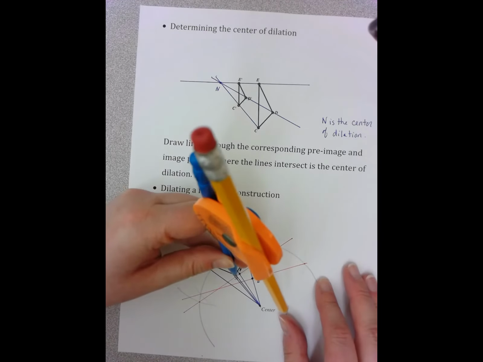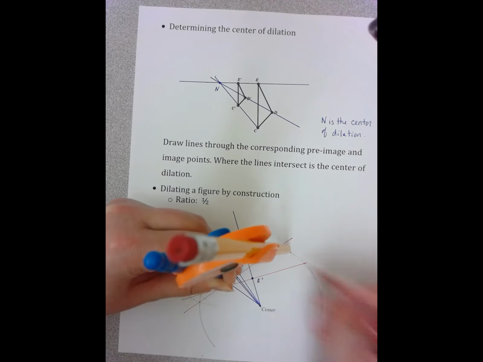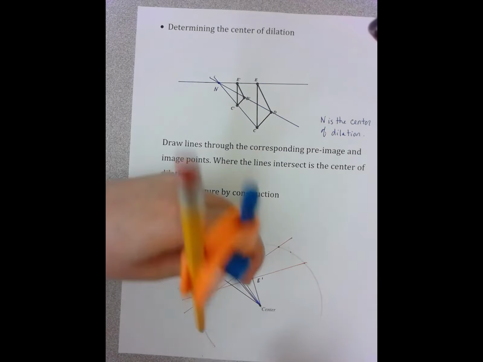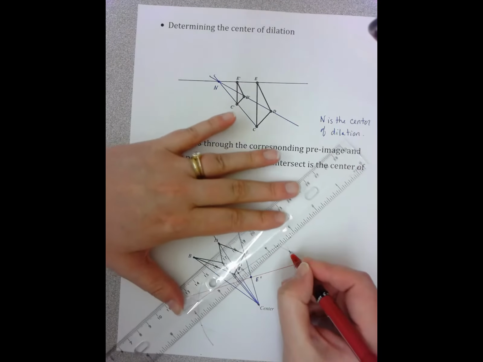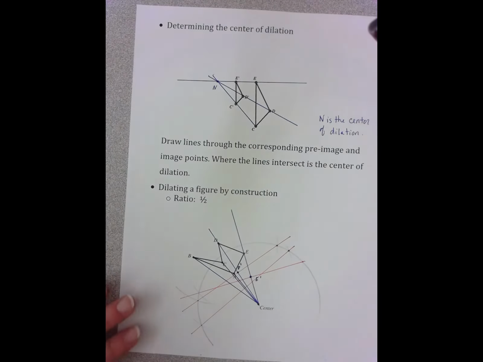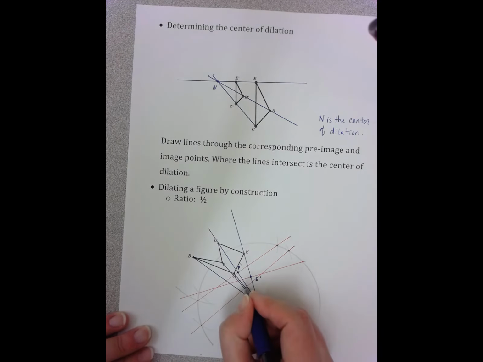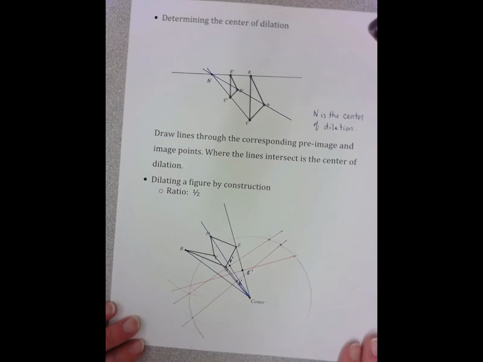I'll do the same thing for A, B, and C. I'll do A first. There's the new arc I want. And there's the new arc I want. Connect both of those. And where that red line intersects with the line A, C is where my A prime is going to be. Let's get a little messy in here with all these lines.